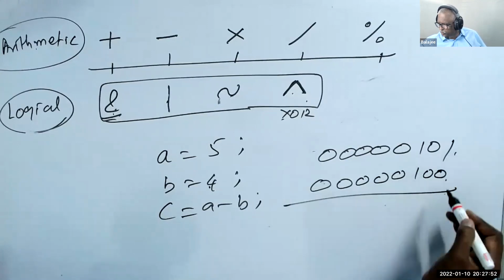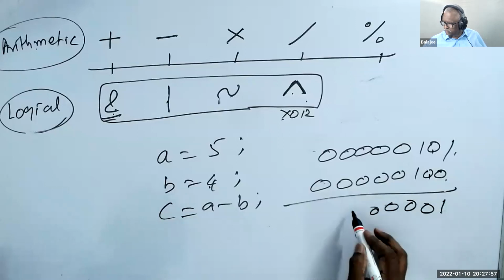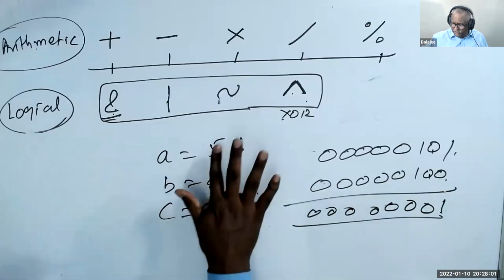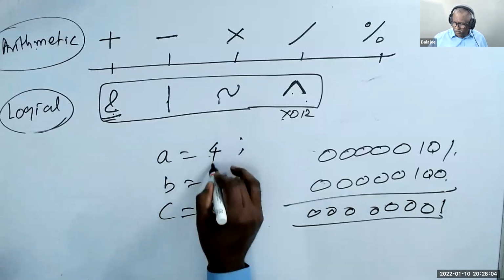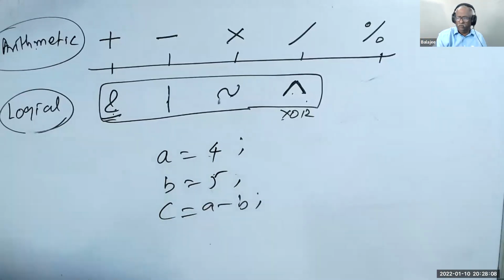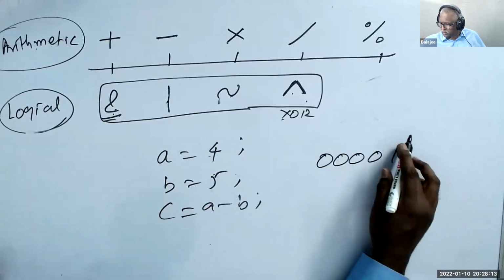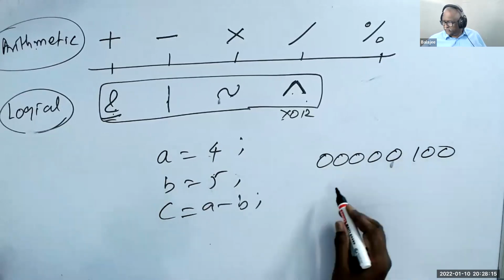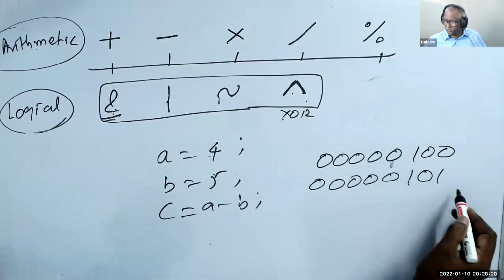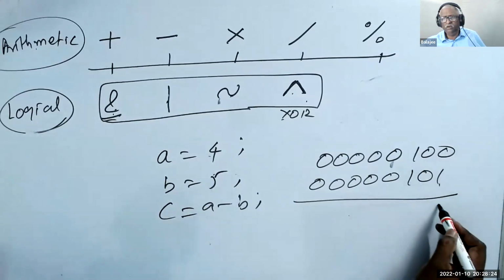Subtract: 1 minus 0 is 1. That becomes 1. That's a normal subtraction. Now let us say this is 4 and this is 5.